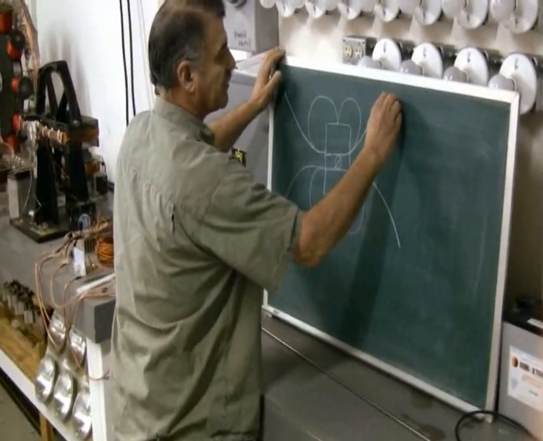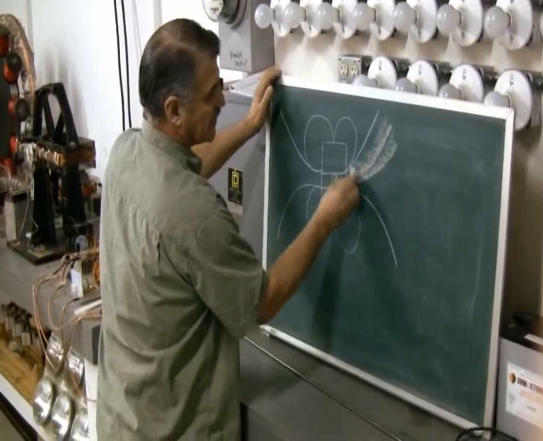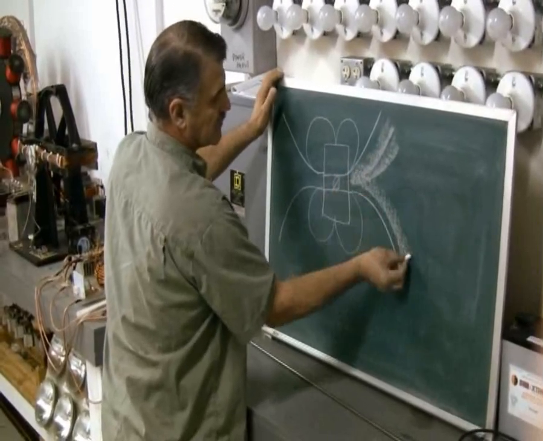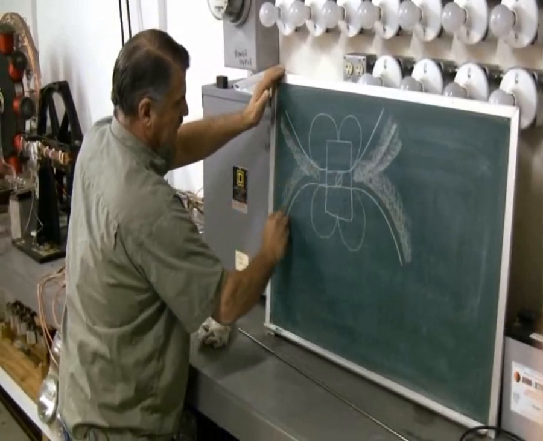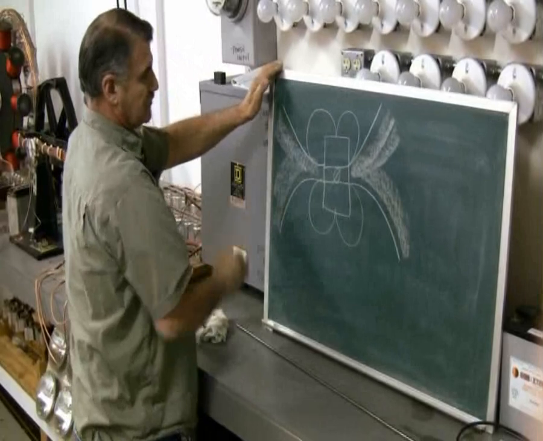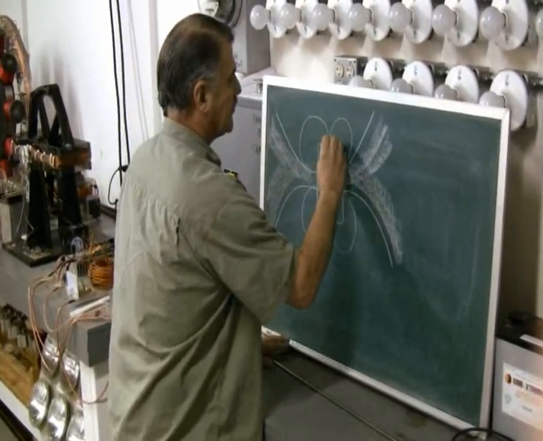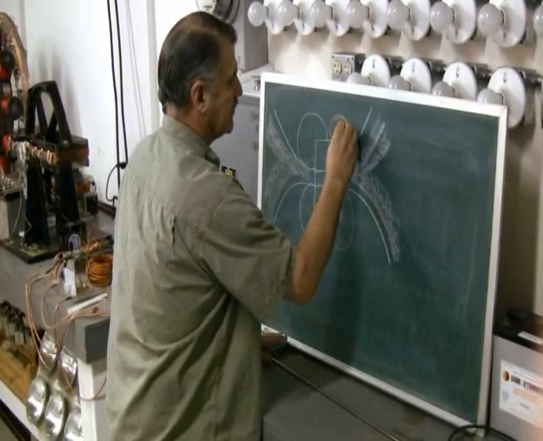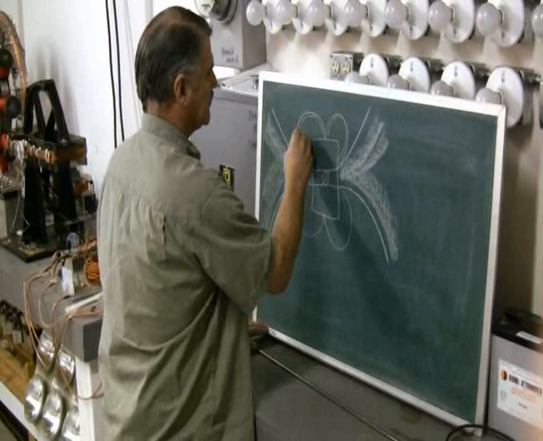And this is where the vortex energy enters into the magnet to provide the vacuum energy transfer for the magnetic spin.